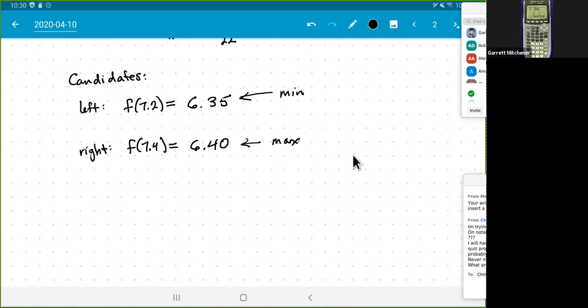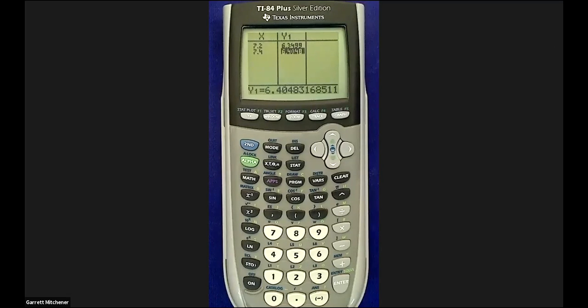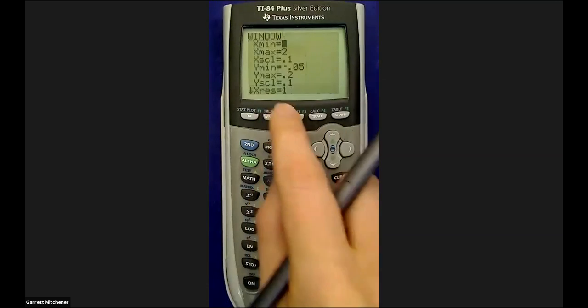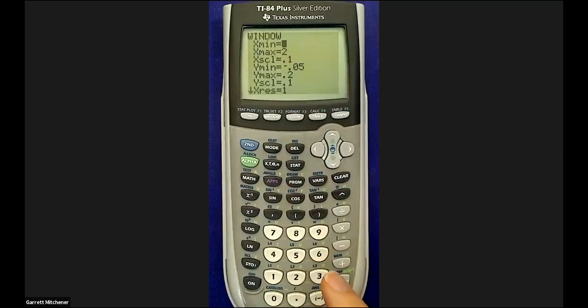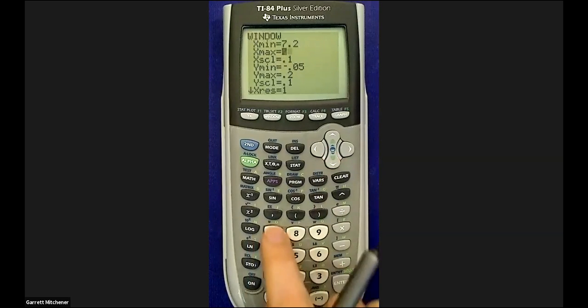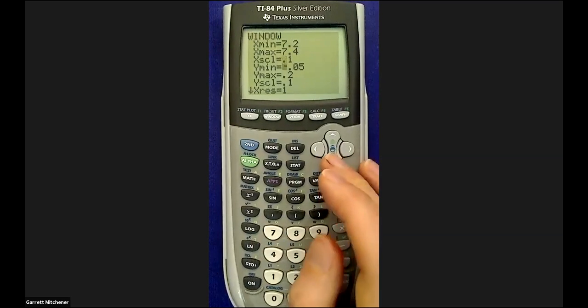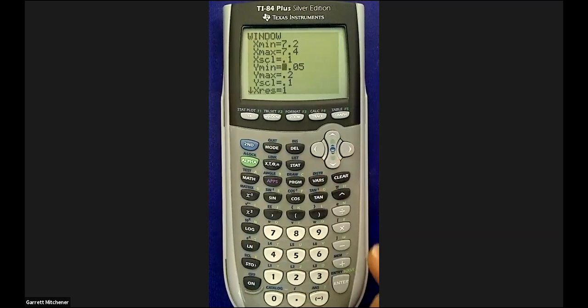A way to check this is, let me go back to the calculator. I can go to the plot window and set x min to be 7.2, that's the left end of the domain. Set x max to be 7.4, which is the right end of the domain. X scale of 0.1 will be fine. Then for my y min and y max, this is a pretty tight range.